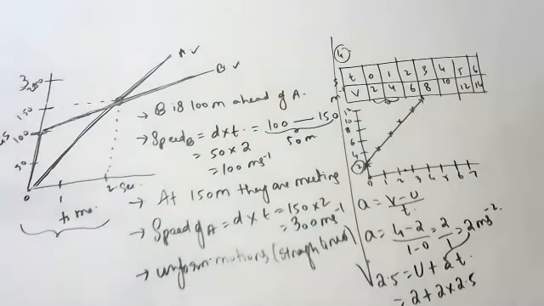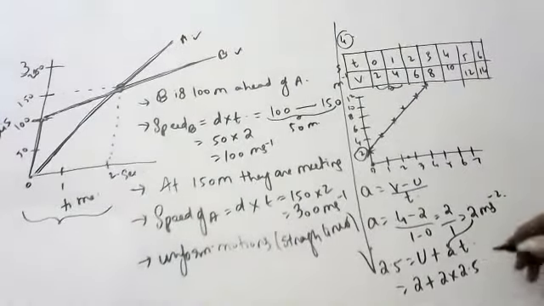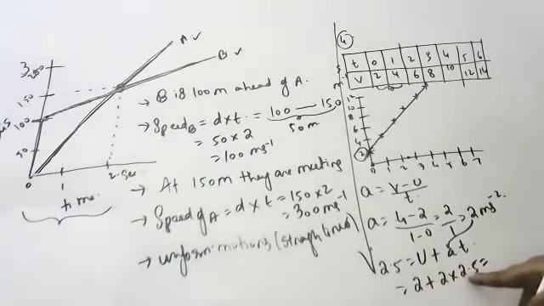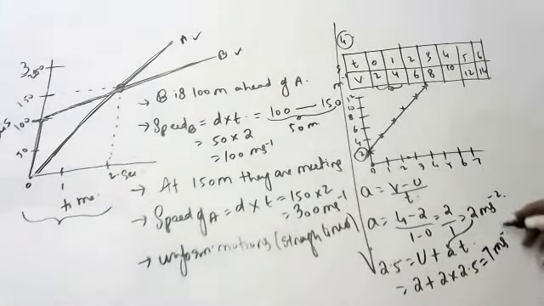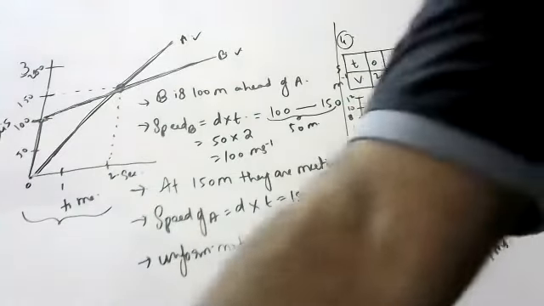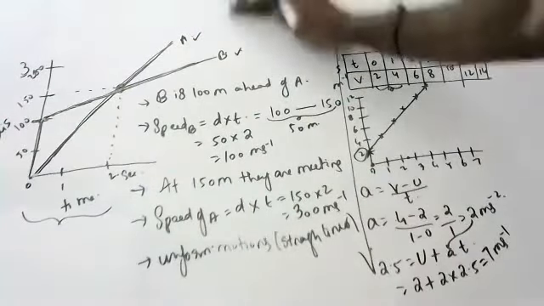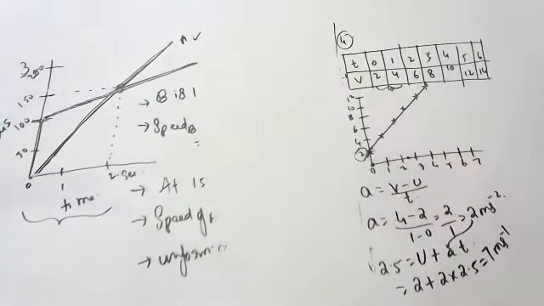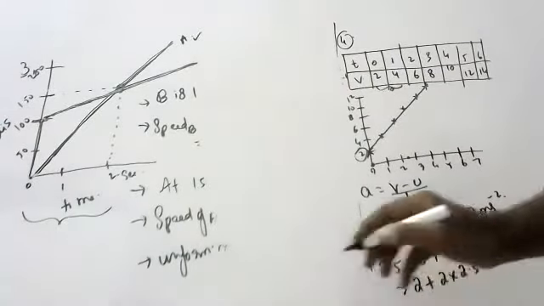So how much will it be? 2 plus 5, that is 7 meters per second. Very good. After 2.5 seconds, the velocity is 7 meters per second. You should do sums like this, children. If you do them, you become very strong.